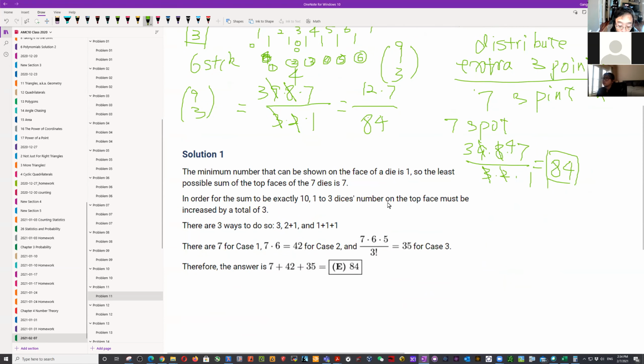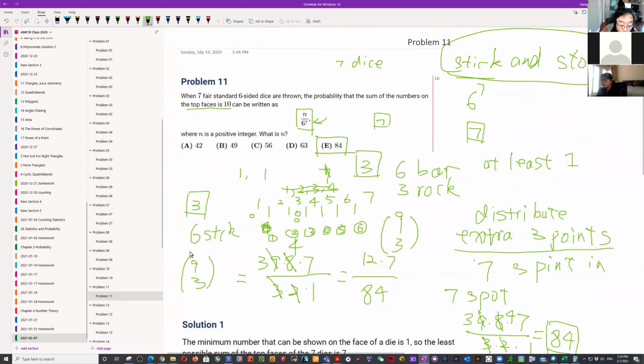And if you build cases, it's just a lot of cases, and you have to build 3 cases. If you use stick and stone, you just build 1 case and solve everything.